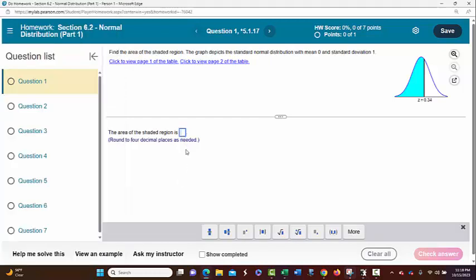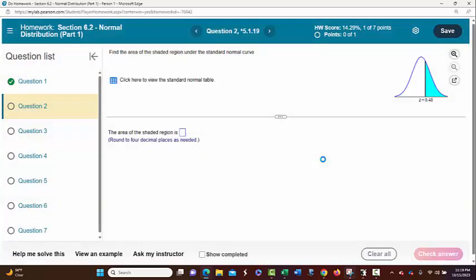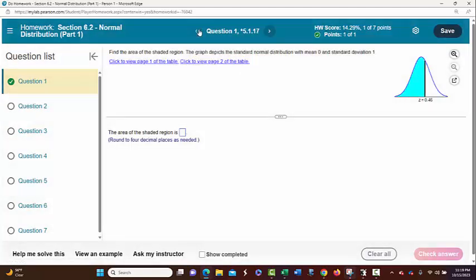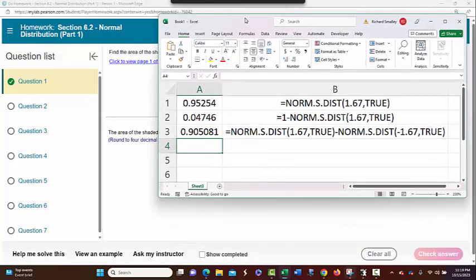Now I'll go ahead and get the answer, then make sure it matches in Excel. Okay, 6331, that was the answer. I'm not going to redo the problem again, but let's do it in Excel. Now I already have it set up for you: the less than, greater than, and between two numbers.